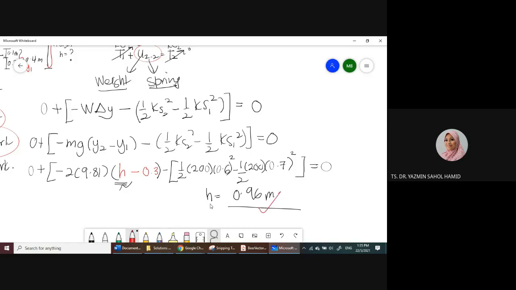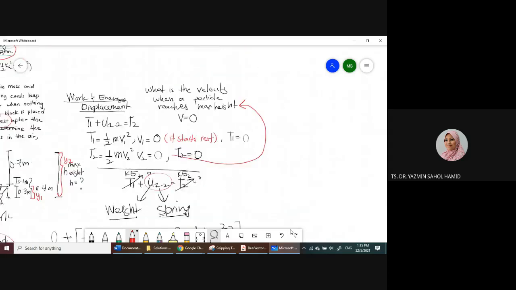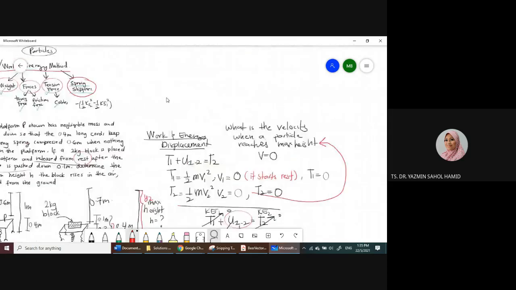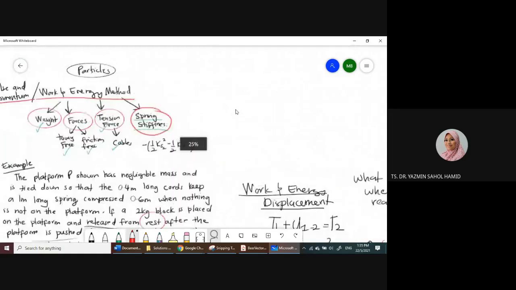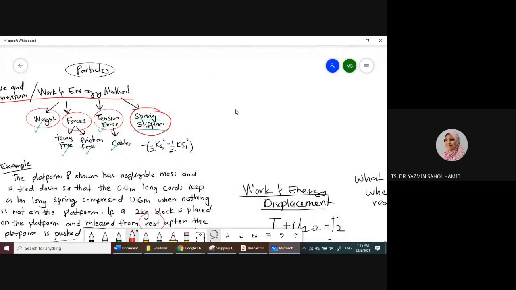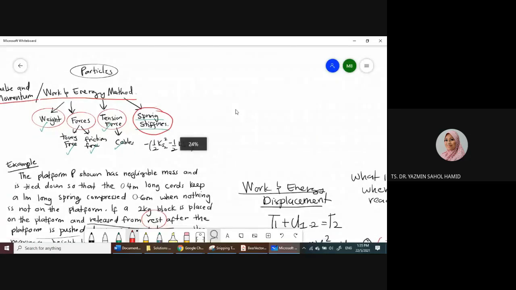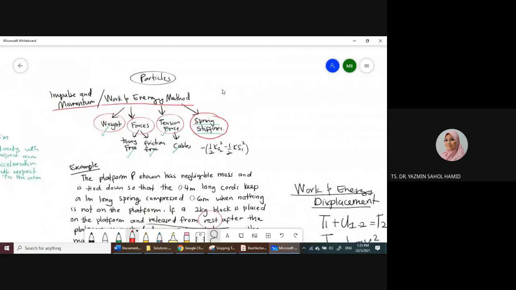Okay, so now you understand about that. Now what I want to highlight here: basically work energy method and impulse and momentum. There are a lot of different types of questions.